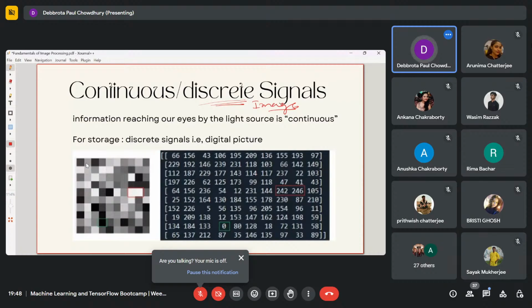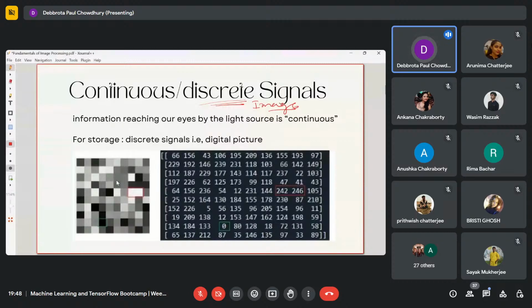If you have 64 megapixels, whenever you capture an image, it will have 64 megapixels. If the number of pixels is more, your image will be clearer. But now we'll see how and why.